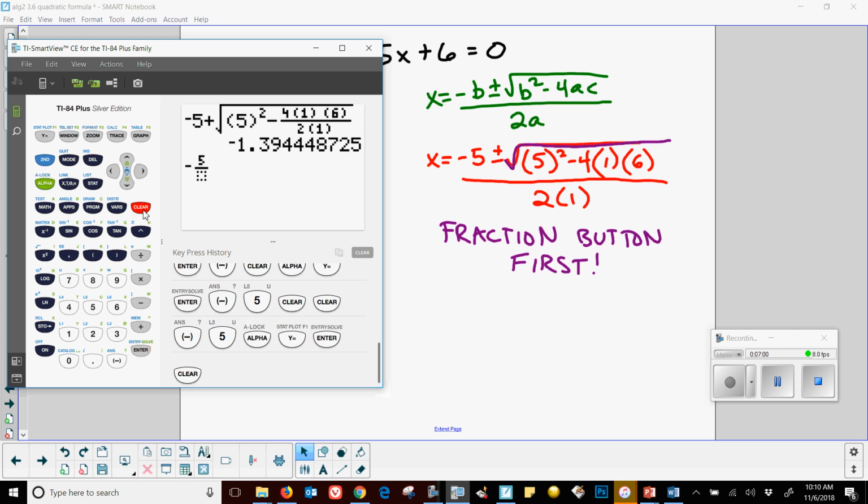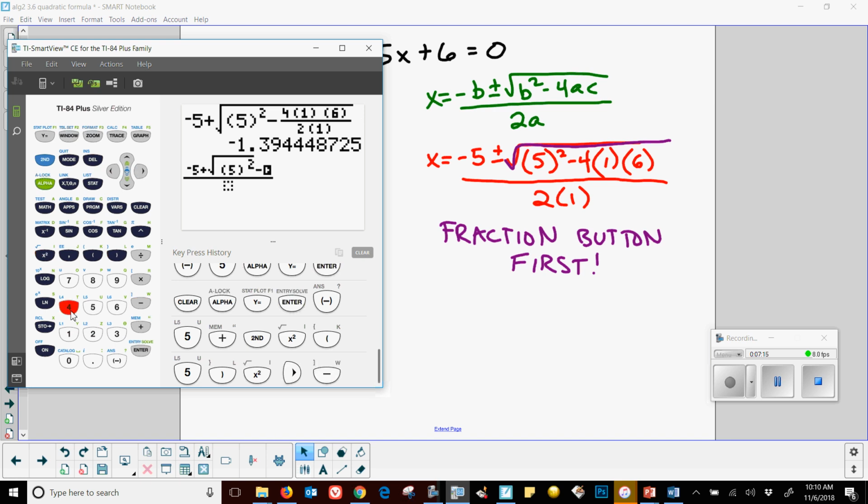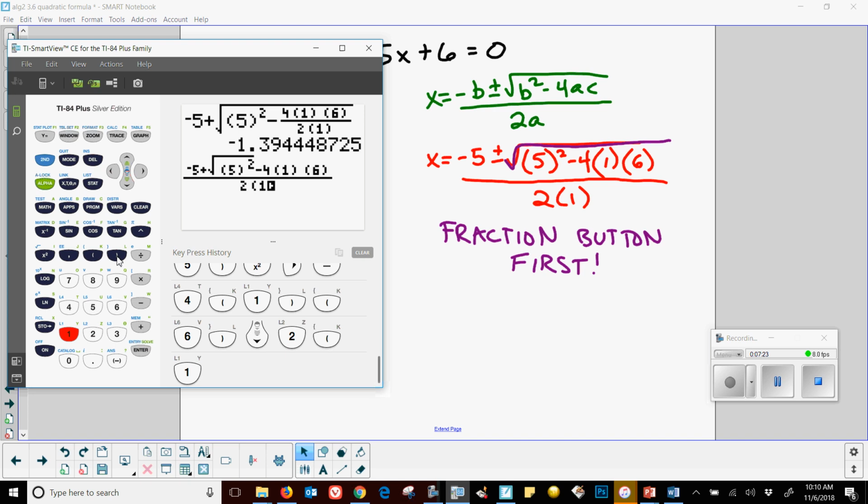So we want the alpha y equals, we want our fraction button first, negative 5 plus or minus square root of 5 squared minus 4 times 1 times 6 all over 2 times 1.